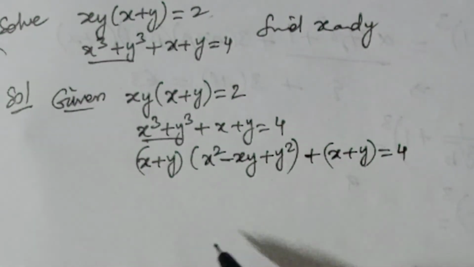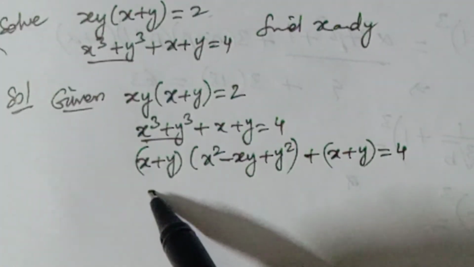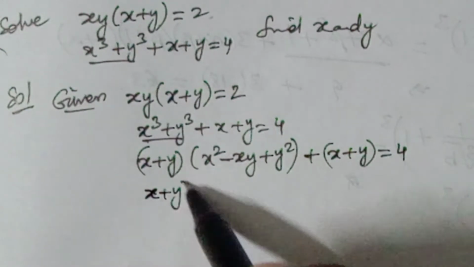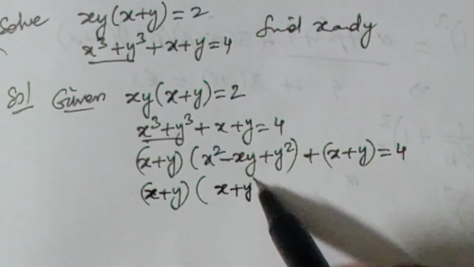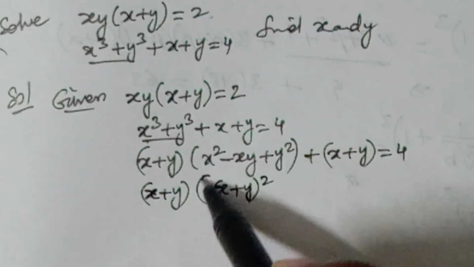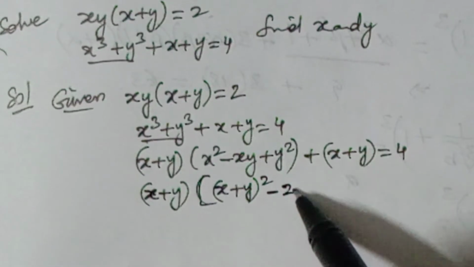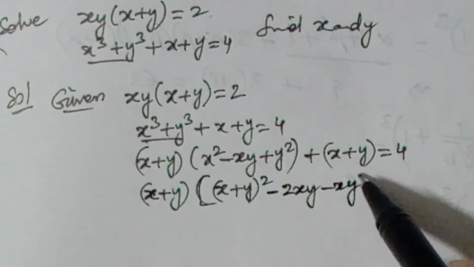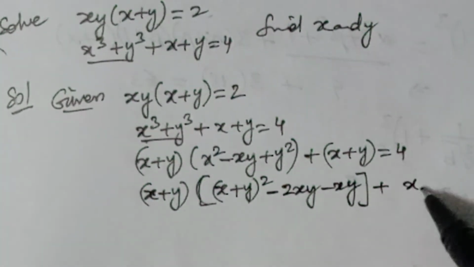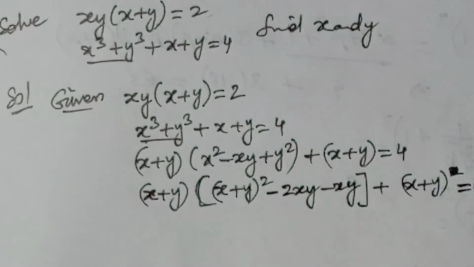So here you can take x plus y common. x plus y into, this can be written as x plus y whole square minus 3xy, plus x plus y is equal to 4.